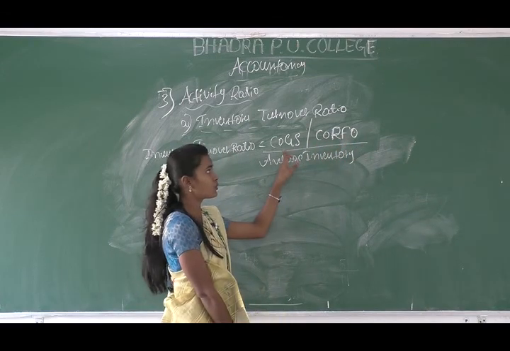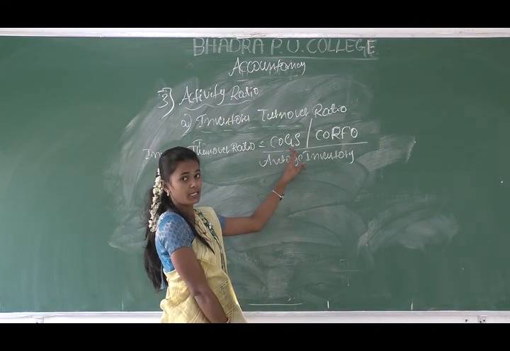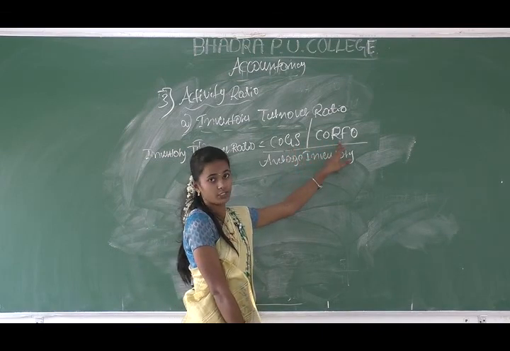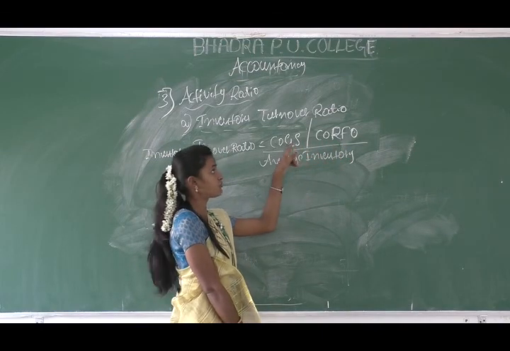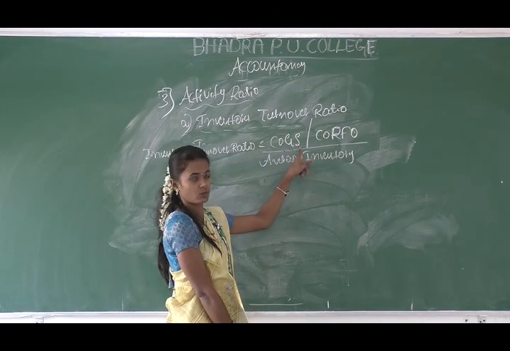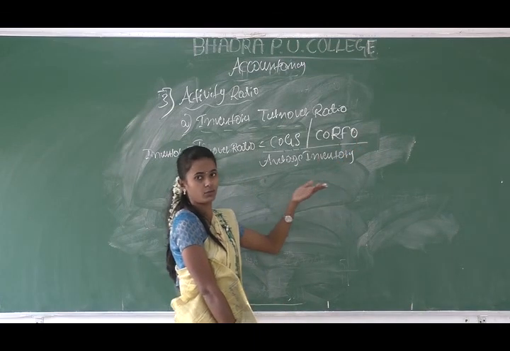If cost of goods sold is given in the problem, take that, and sometimes the question mentions CORFO, that is cost of revenue from operation, instead of COGS. If cost of revenue from operation is given, take that.